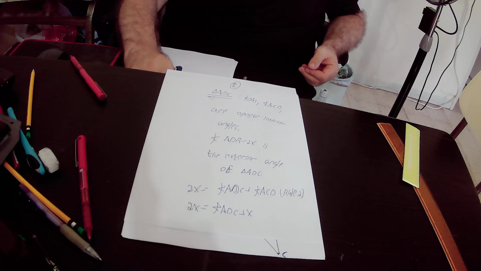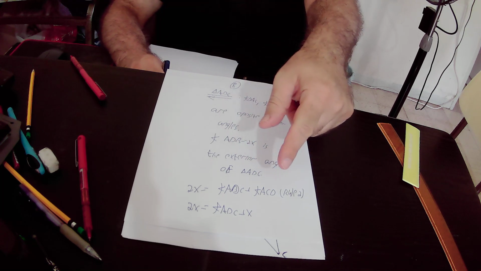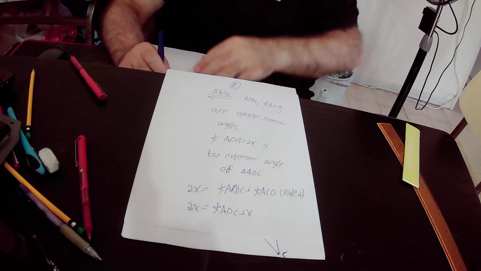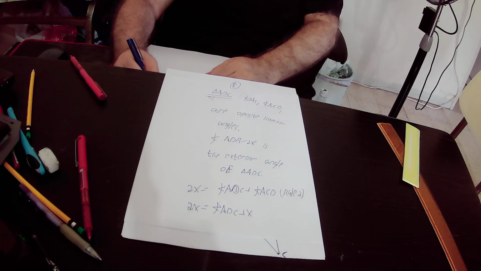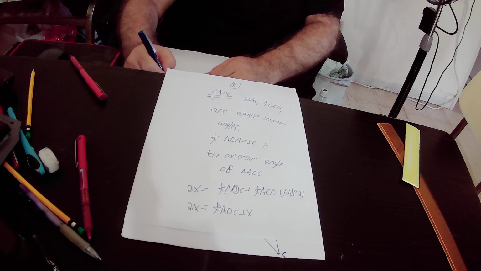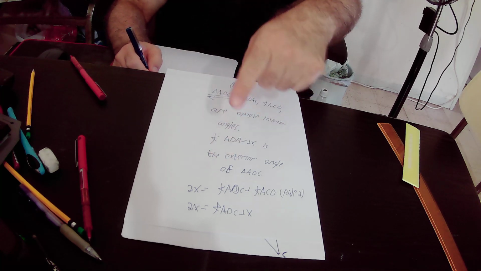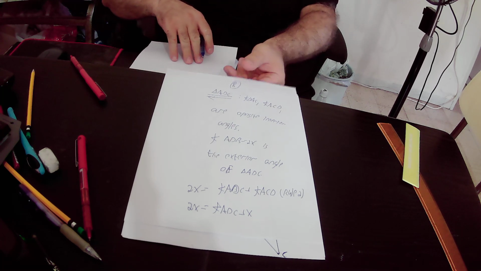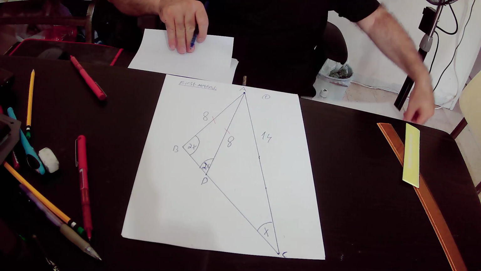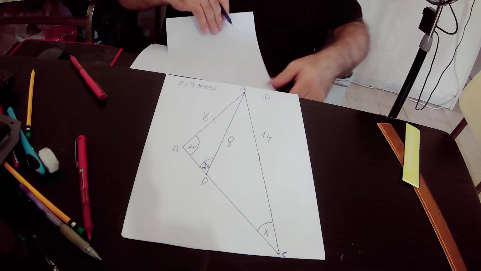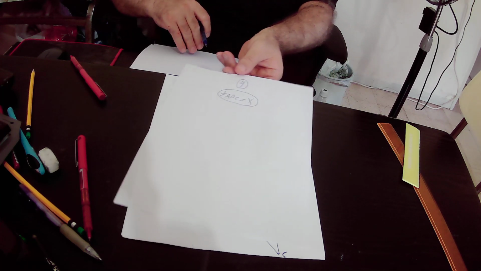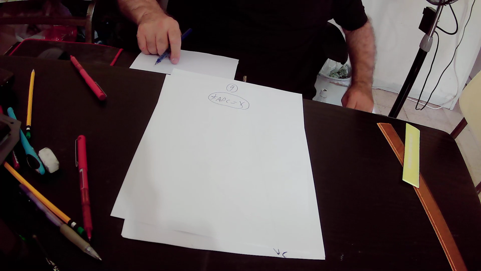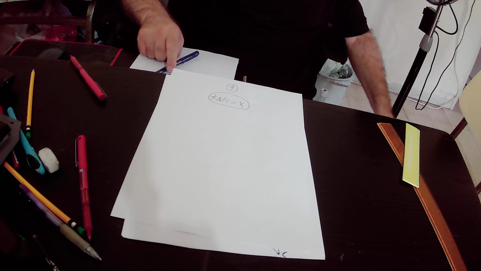So here we can solve for the angle, and we will get that angle ADC equals 2x minus x, that is x. So we found out that angle ADC equals x degrees in size.